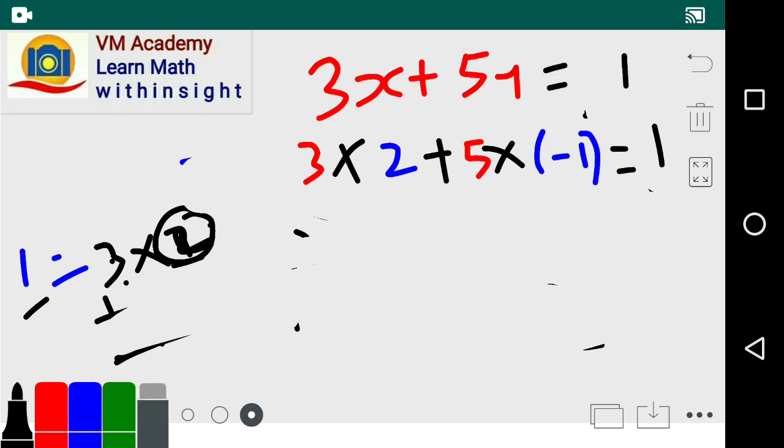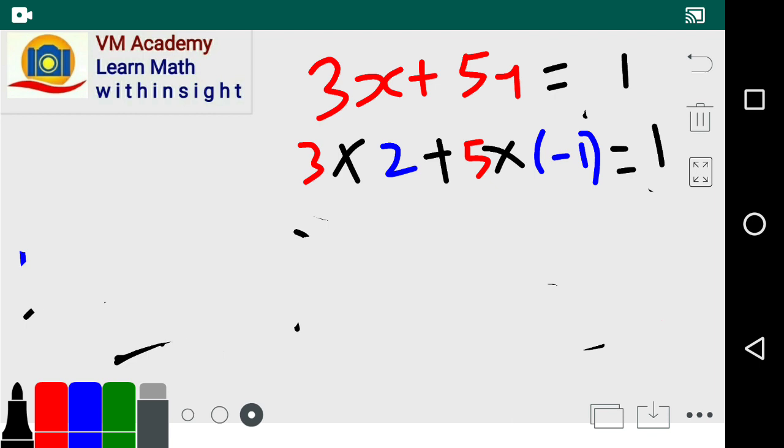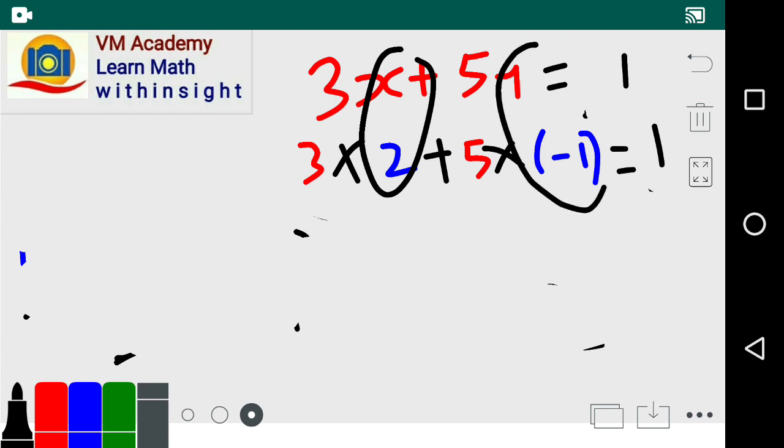Now if we observe this, then clearly we get x as 2 and y as minus 1, because 3x plus 5y equal to 1 and 3 into 2 plus 5 into minus 1 equal to 1.